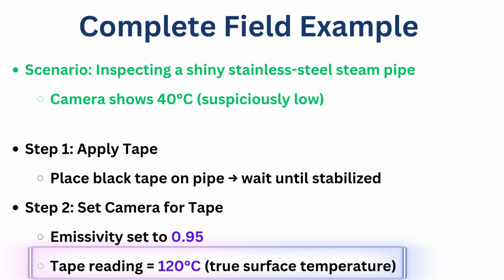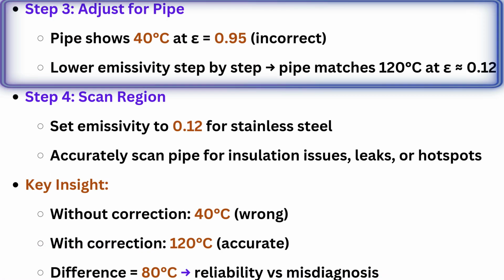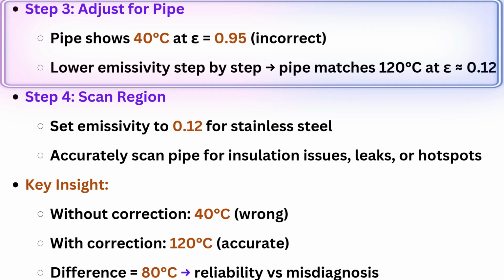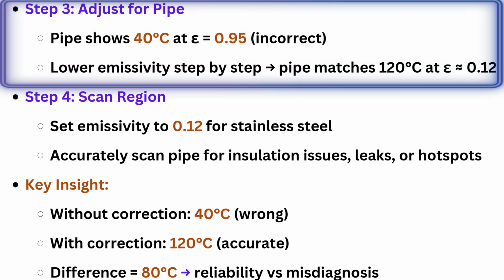Now I will adjust the emissivity setting so that I can attain the same temperature on the pipe. I will move my camera next to the tape, onto the pipe, and I will slowly reduce the emissivity until I get the same temperature that I am getting on that electrical tape. Let's say on the electrical tape I am getting 100 degrees Celsius.